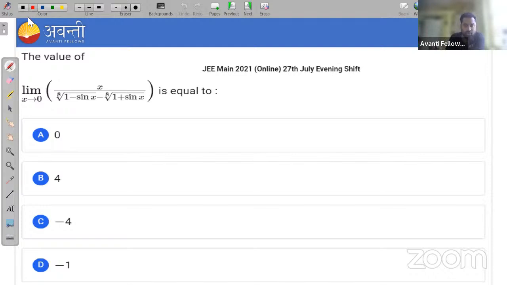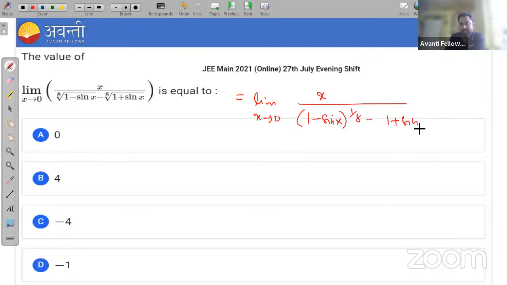So can we write this limit as the limit as x tends to 0 of x upon 1 minus sin x to the power 1 by 8 minus 1 plus sin x to the power 1 by 8? We can write it, yes or no? So all of you know, when x tends to 0, sin x also tends to 0.